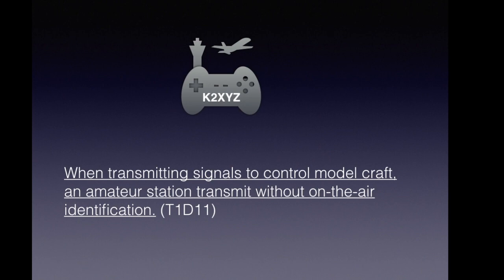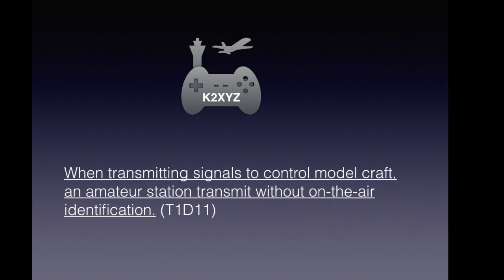And the final question, or the topic for today, is the transmitting of signals using the remote control transmitters. Because of the nature of remote controlled or RC controlled planes or drones, you're not able to send a voice encoded or message, and a lot of those don't yield themselves to embedding a subaudible tone for your call sign.